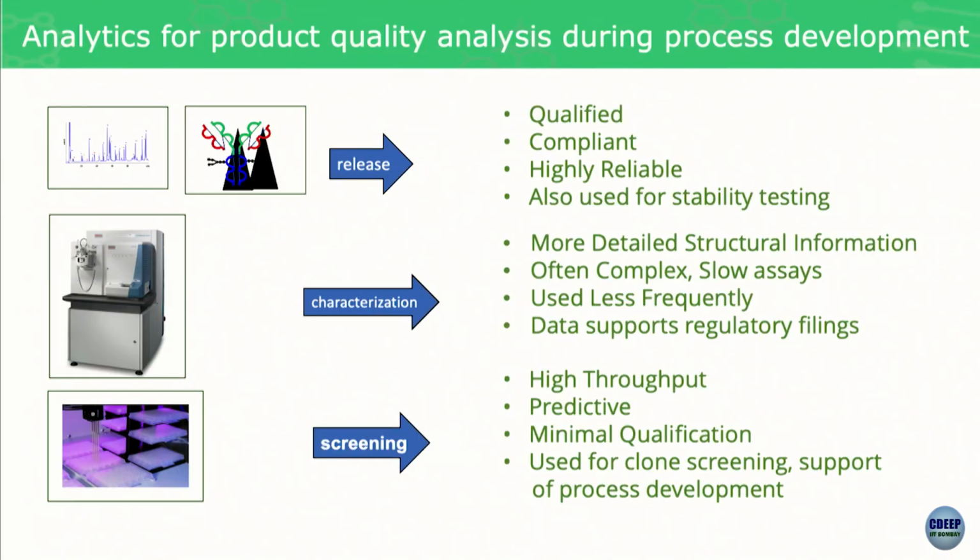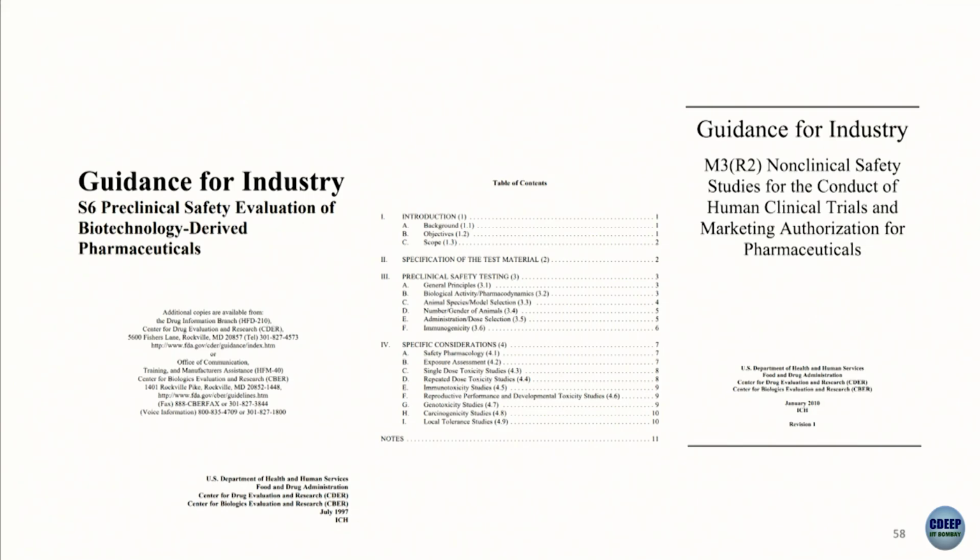And finally, the analytics and product quality analysis of drug development has to be done at the screening stage, characterization stage and release stage. So all the data has to be given to FDA and then finally the guidelines for FDA is prescribed, which has to be followed for preclinical safety evaluation for biotechnology pharmaceuticals.